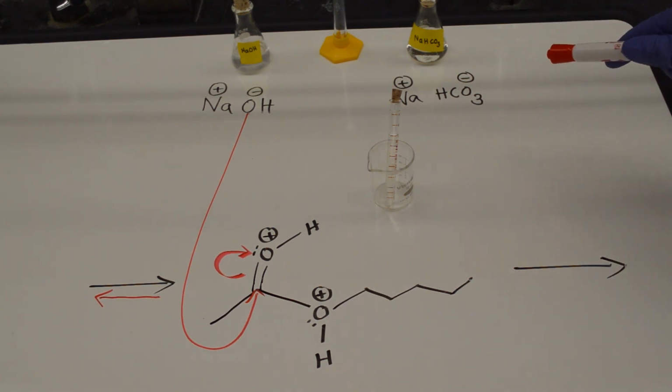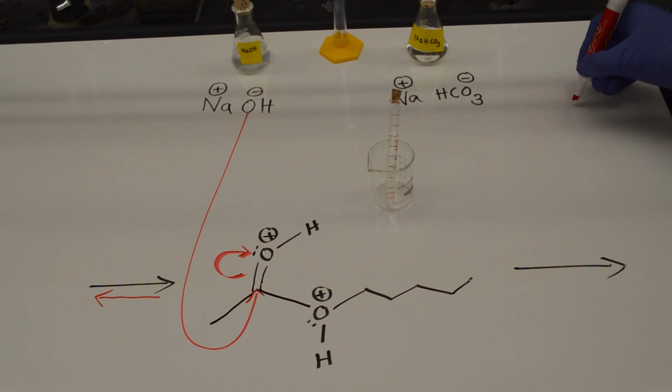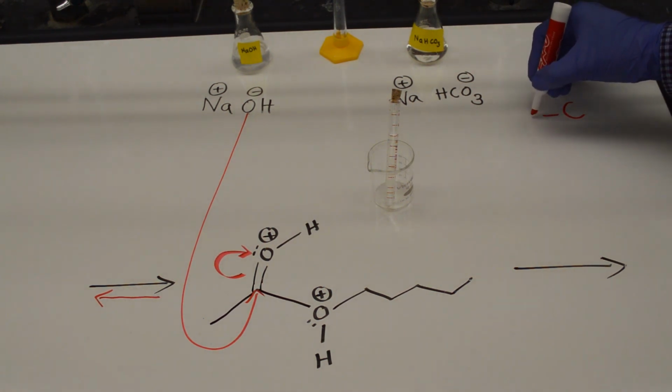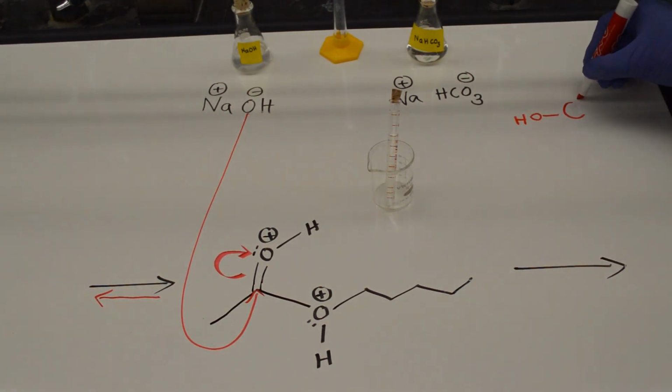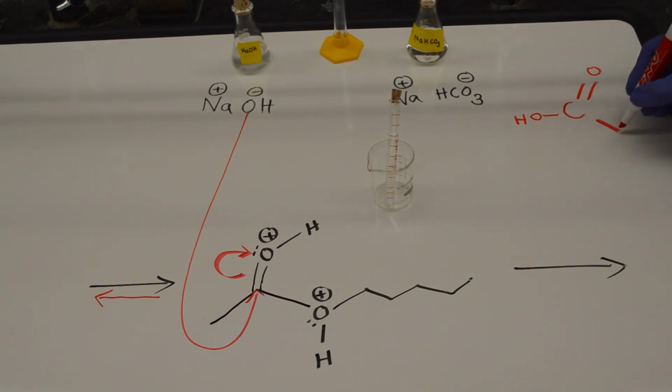If you look at the structure of sodium bicarbonate, here's a central carbon, hydroxide, the double bonded oxygen, and the oxygen with a negative charge. This negative charge on the oxygen is resonance stabilized. Right, the negative charge can go make a pi bond.